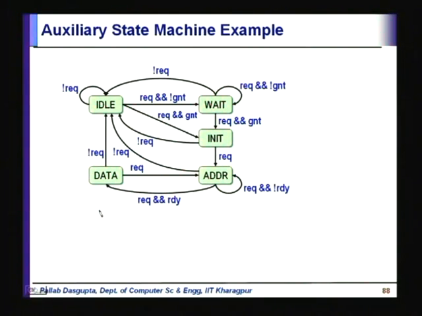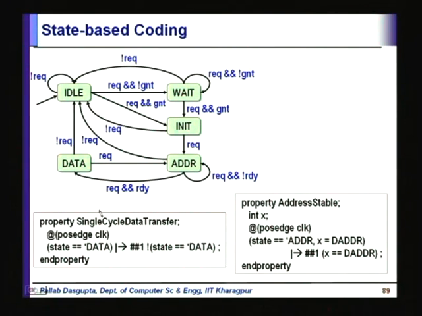Now if you use this state machine, then you can write the properties much more easily. See that the address stable property can be written quite simply like this: if the state of this machine is ADDR, and if the value of the address on the bus is X, then in the next cycle this. All that $rose, $fell, etc. are not there anymore, simply using the state of this machine.